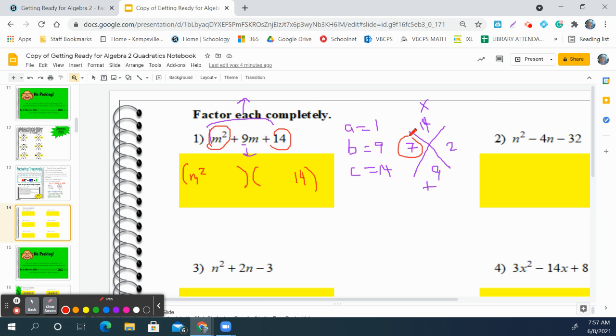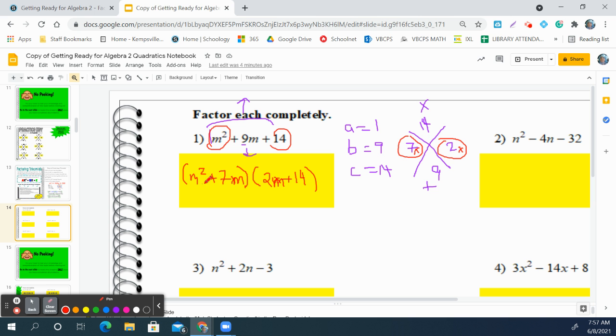This side number, I'm going to put an m next to it and put it here. And this side number, I'm going to put an m next to it and I'm going to put it here. I should put m's so my variables match.